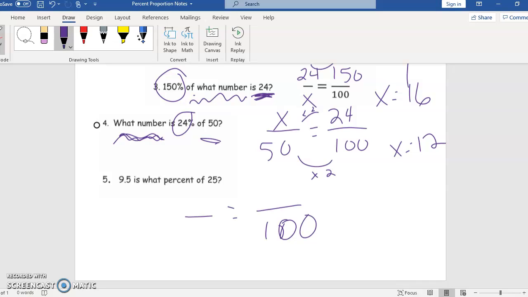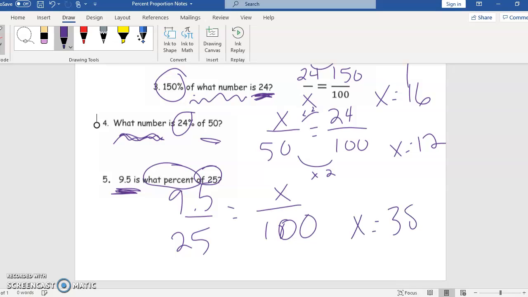Okay, so 9.5 is, so that's my part. What percent? There's no number with the percent sign, so I know that my X goes over 100. And then of 25. So I'm going to do 9.5 times 100, and I get 950, and then I'm going to divide that by 25, and I get 38%.